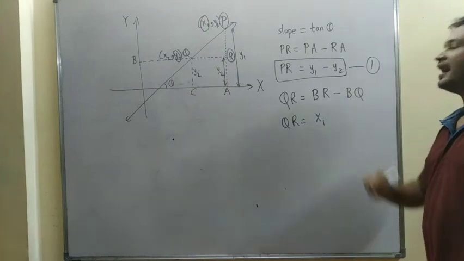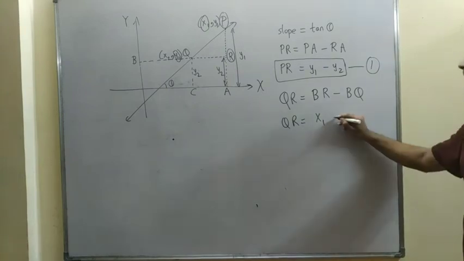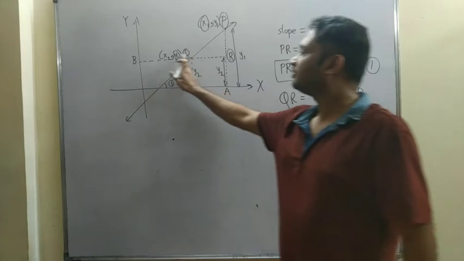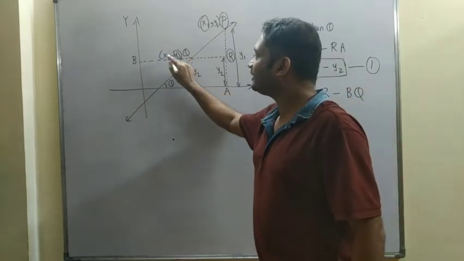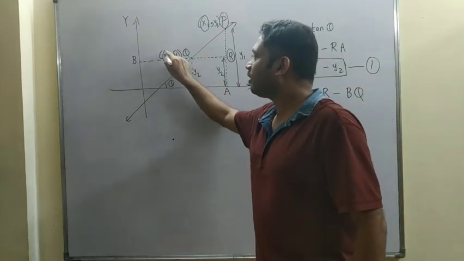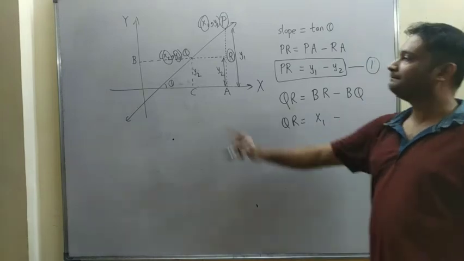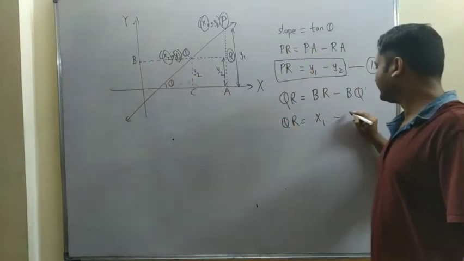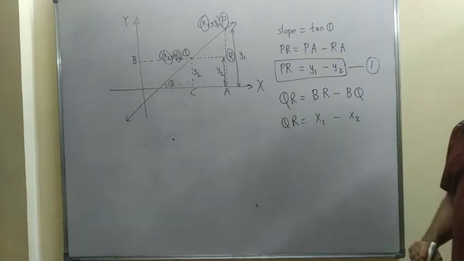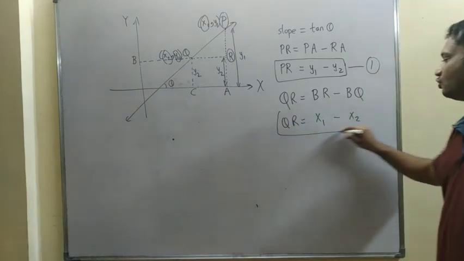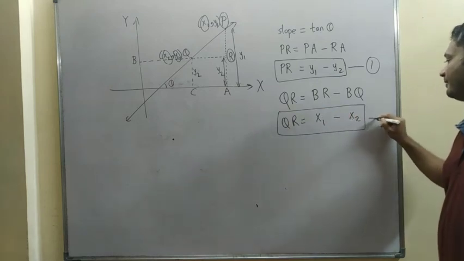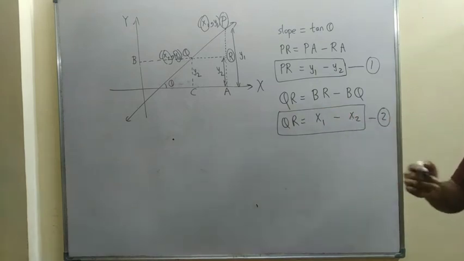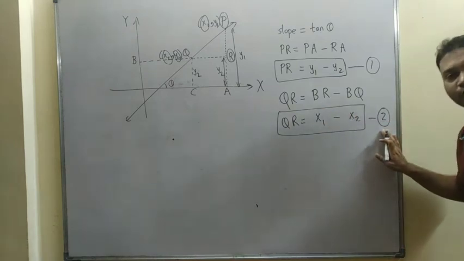So BR I can write as x1 minus BQ. BQ is the x coordinate of point Q, so I can say BQ value is x2. So I can say QR value is x1 minus x2. I am marking this as equation 2.